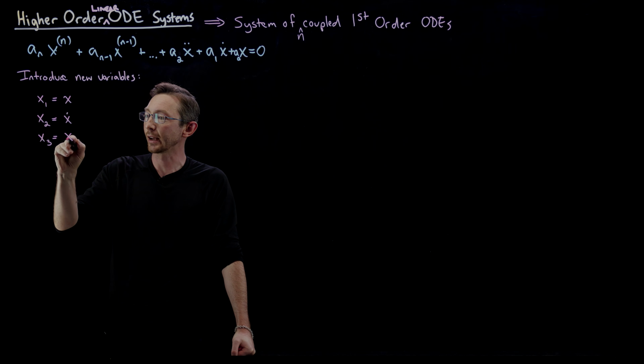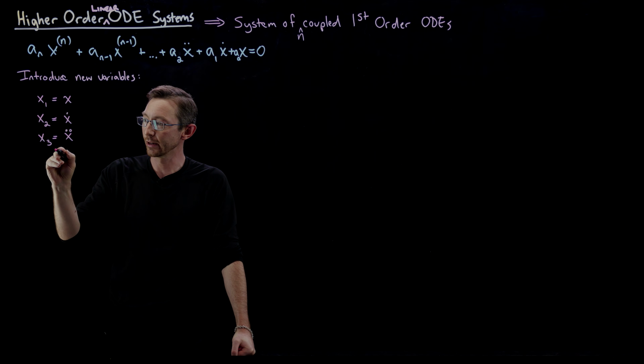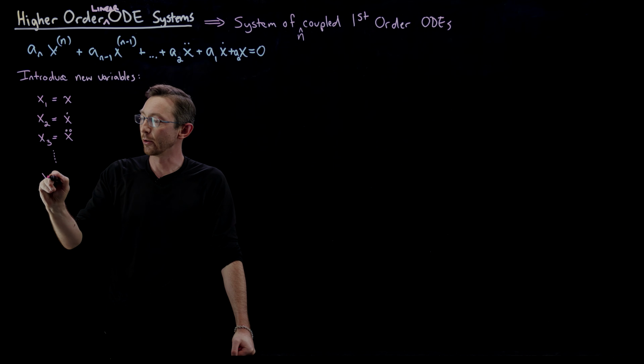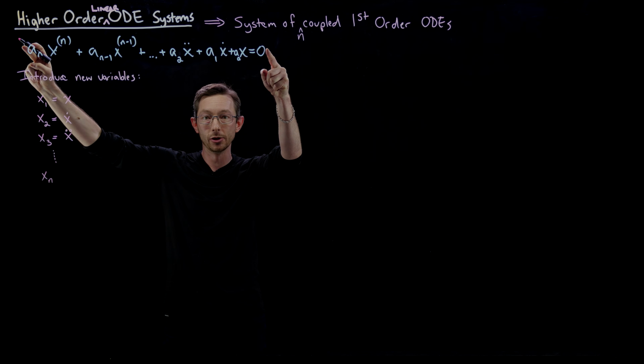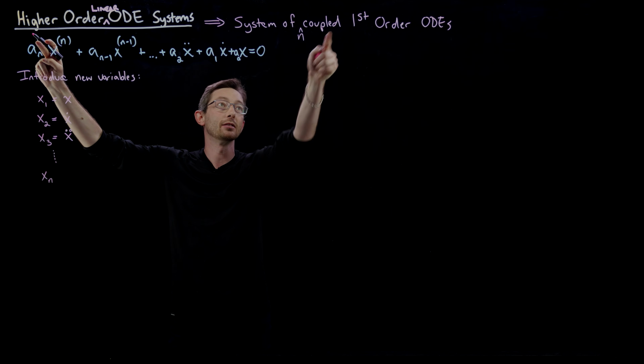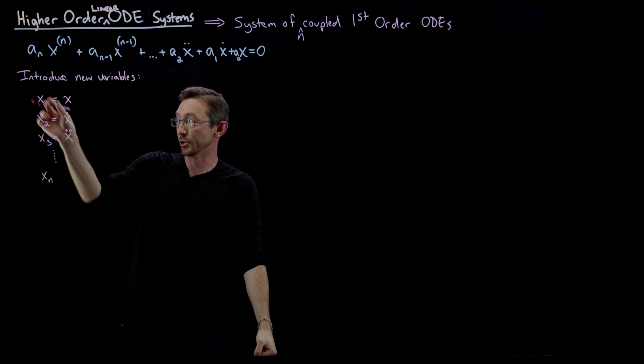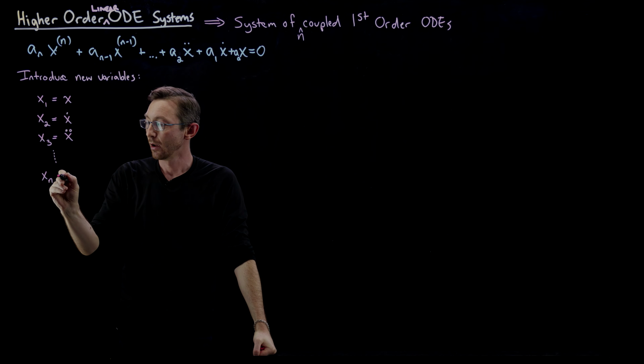x3 is going to be x double dot. You see the pattern here. All the way down, I'm going to have n of these variables. So I have an nth order differential equation. And so I'm going to write this in terms of n coupled first order equations in these new variables, where my last one is the n minus 1th derivative.